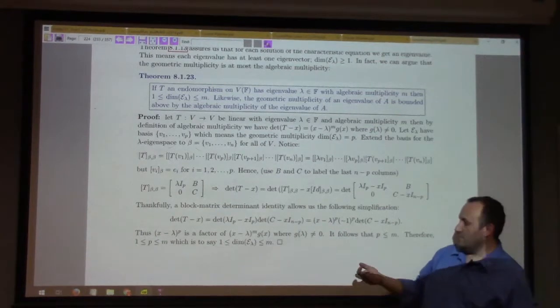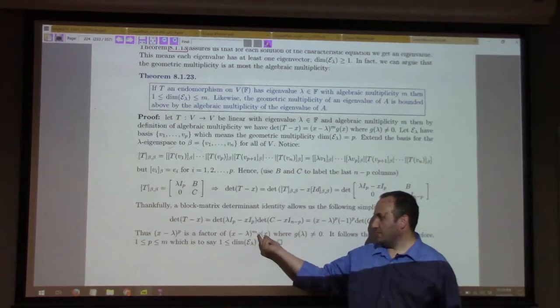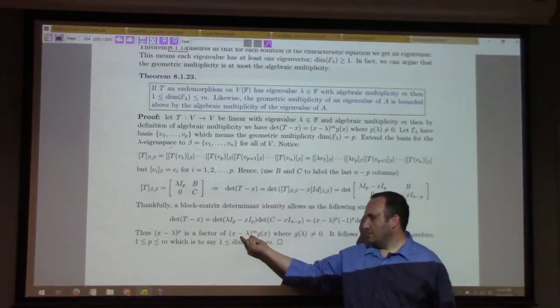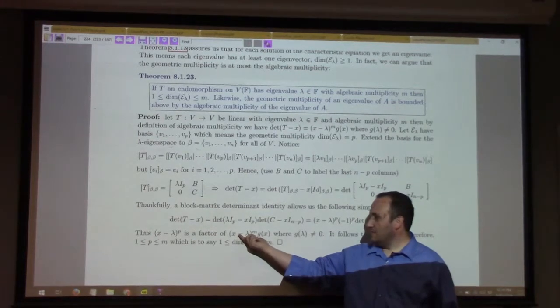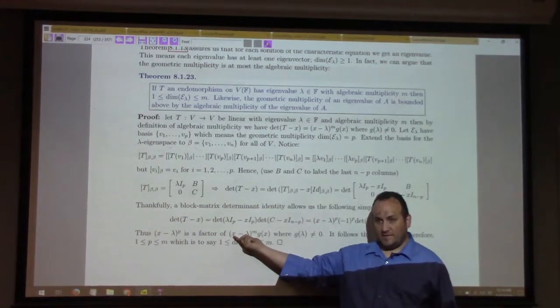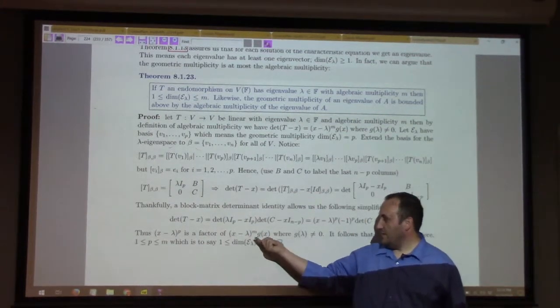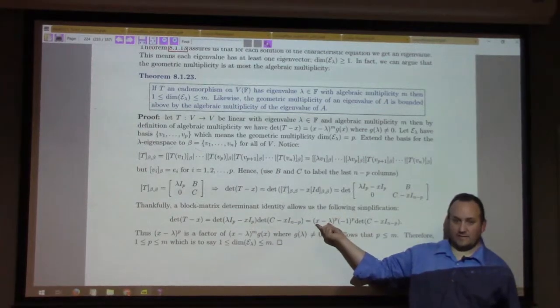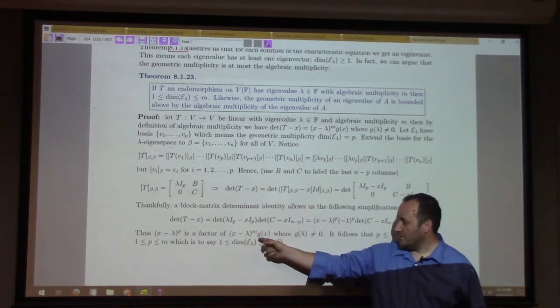But we also know that x minus lambda to the m is a factor of the characteristic equation, where that m is maximal. That defines the algebraic multiplicity. That's the biggest x minus lambda factor you can find. And so it follows that this has to fit inside it, by the construction of the algebraic multiplicity.